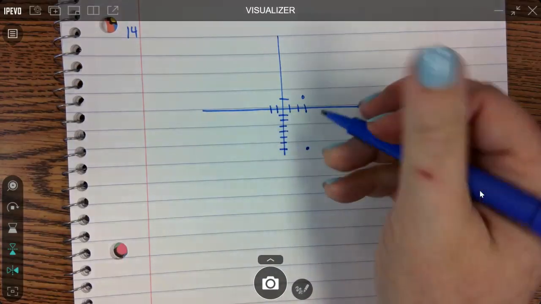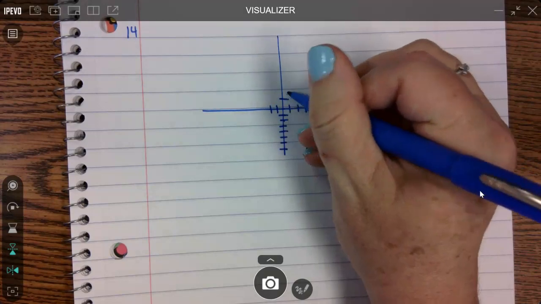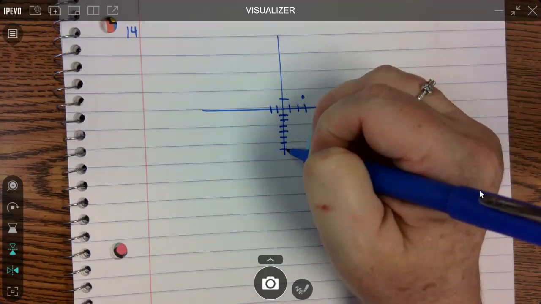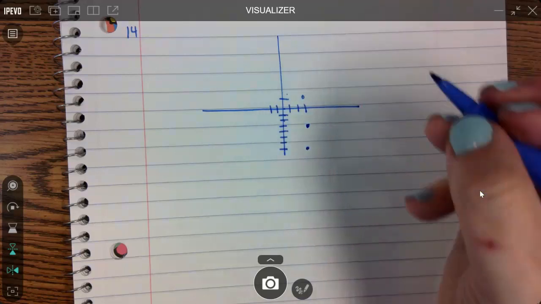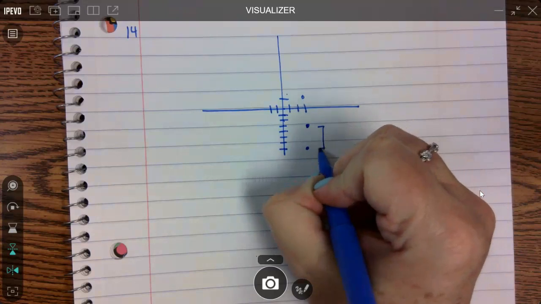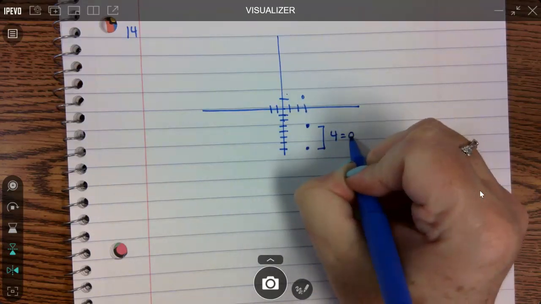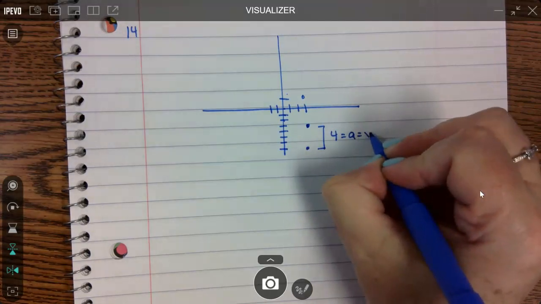Okay. So from dot to dot, 1, 2, 3, 4, 5, 6, 7, 8. Half of 8 is 4. 1, 2, 3, 4. So from here to here is 4, and that's my A value, because it's vertices, if you're asking, and that was Y.